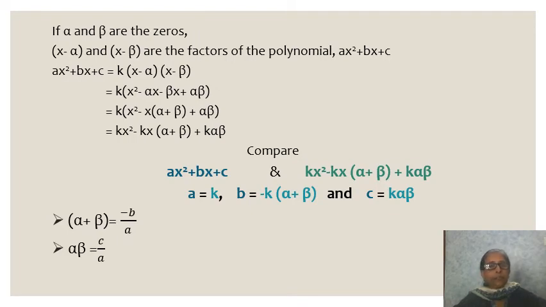B and a are the coefficients there. Okay? And alpha and beta are the zeros of the polynomial. So, alpha plus beta, sum of the zeros of the polynomial is equal to minus b by a, whereas the product alpha beta is equal to c by a, where c is a constant there and a is a coefficient of x square. Is it clear?